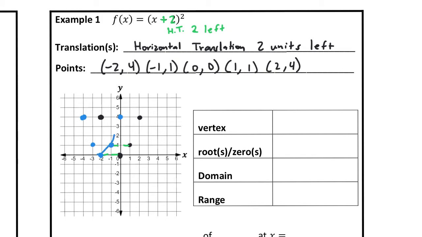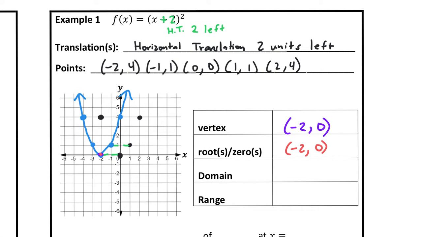And then I graph my function, which has that U shape, so remember the quadratic has a U shape. And then we identify the different points. So the vertex is that lowest point here. That's going to be at a location of -2, 0. And then the x-intercept is actually at the same location.